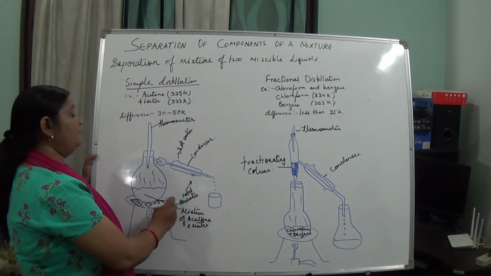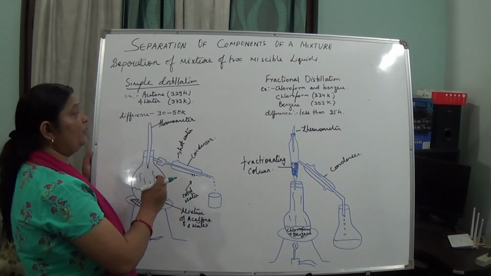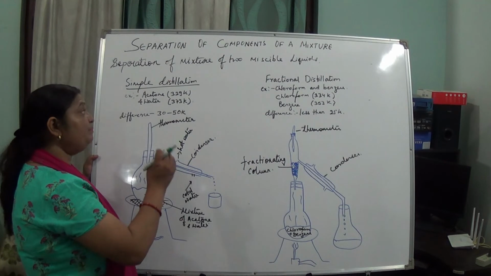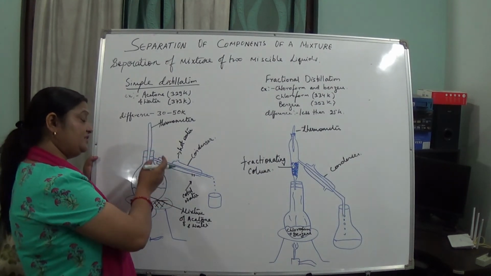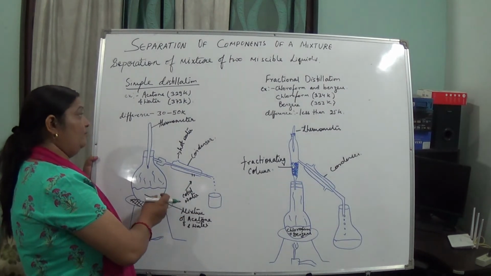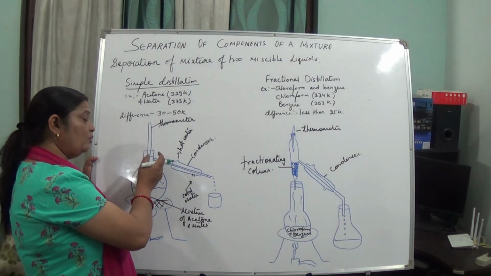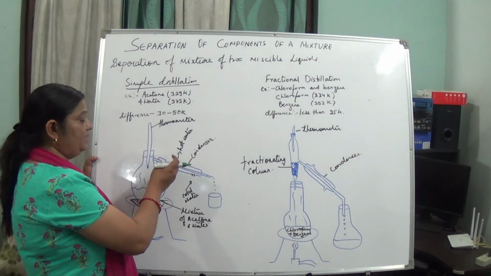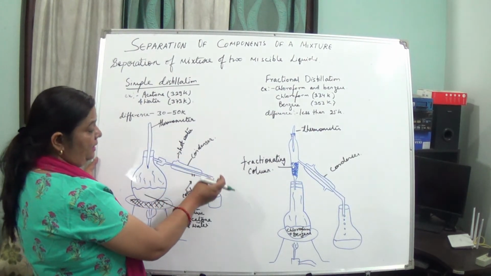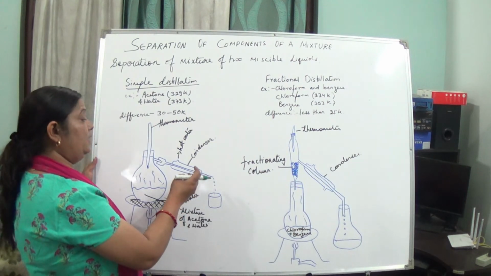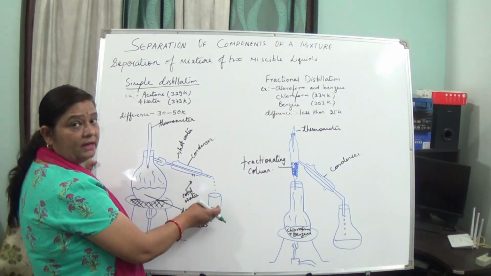Then comes water, whose boiling point is 373 Kelvin. After acetone is collected, water moves up, forming water vapors through the condenser, where it is liquefied, and we get it in the receiver.